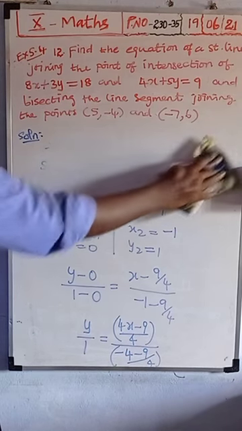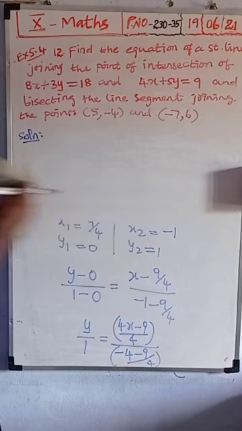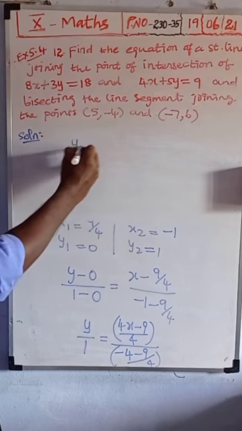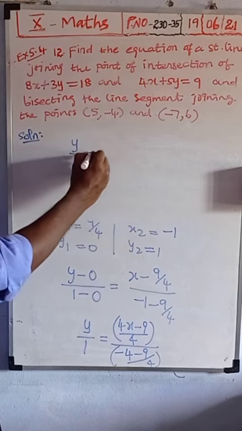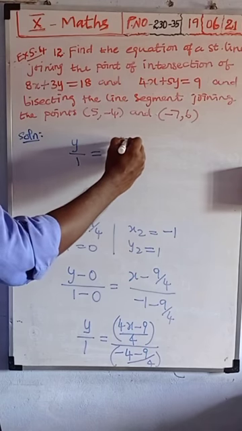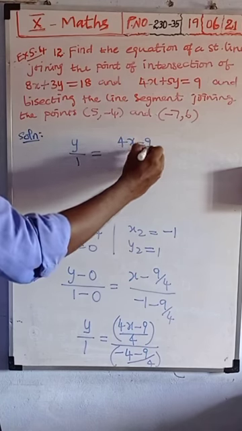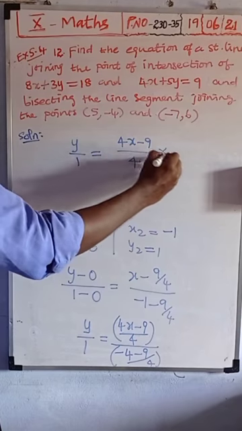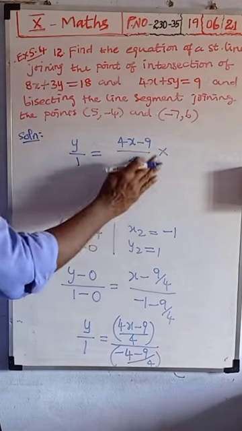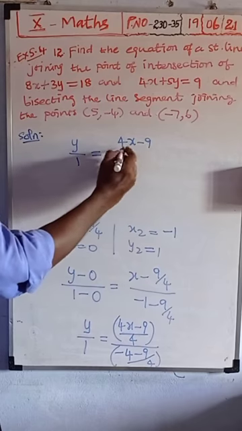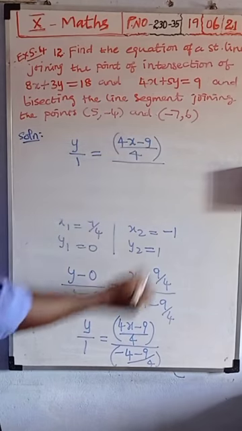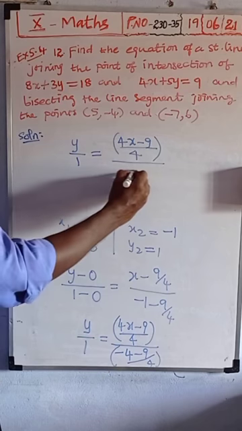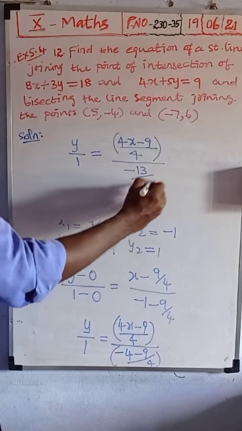So next step, you see y by 1 is y. Or else you write y by 1 is equal to 4x minus 9 by 4, into this whole, divided by minus 9 minus 4, which means minus 13 divided by 4.